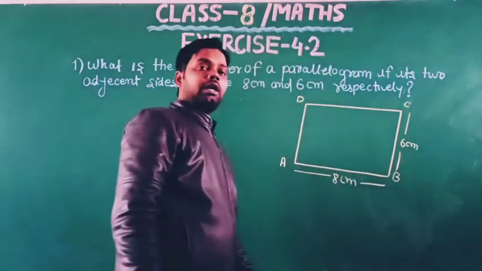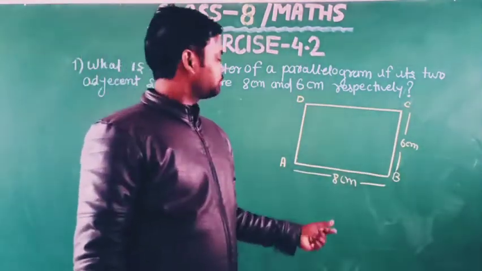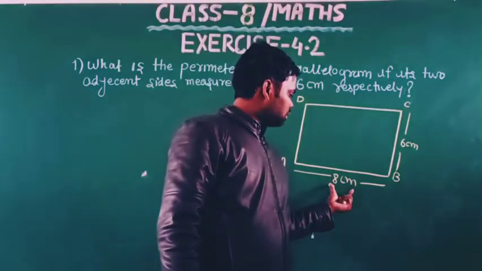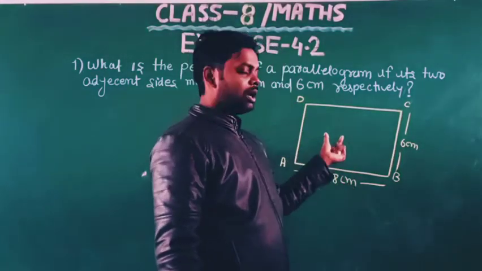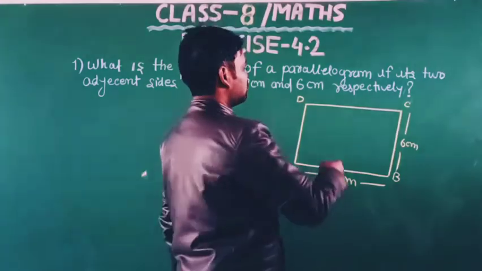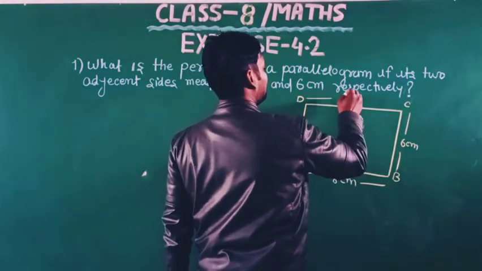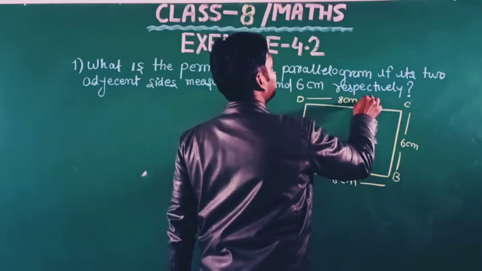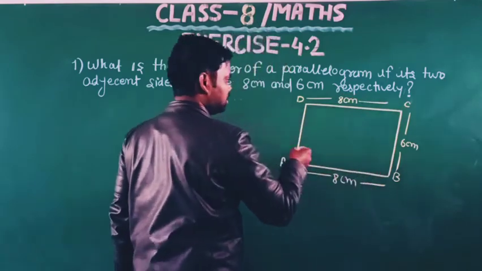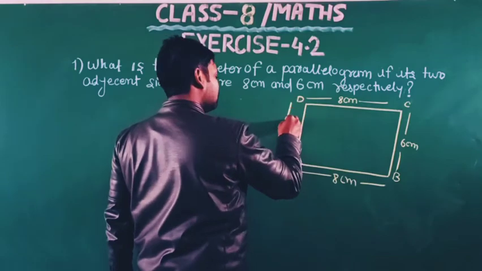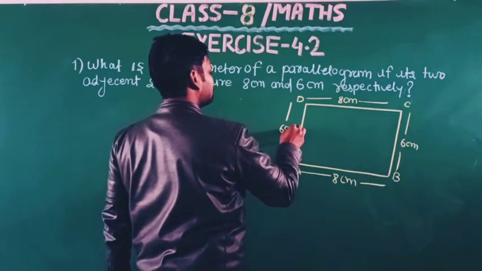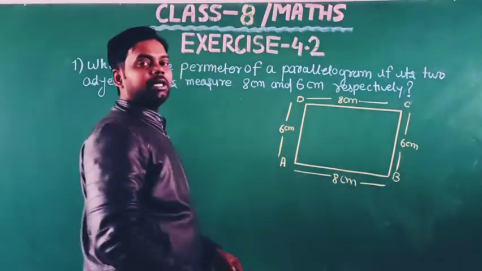As you know the property of a parallelogram, opposite sides of a parallelogram are equal. So side CD would also be equal to 8 centimeter and AD would also be equal to 6 centimeter.